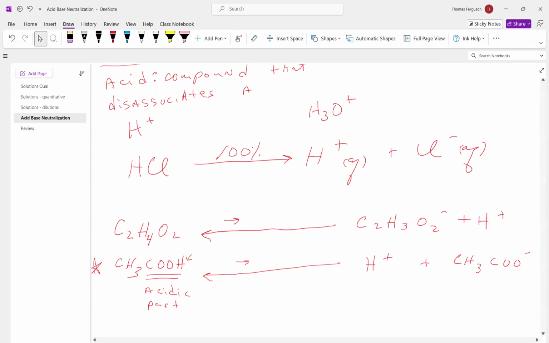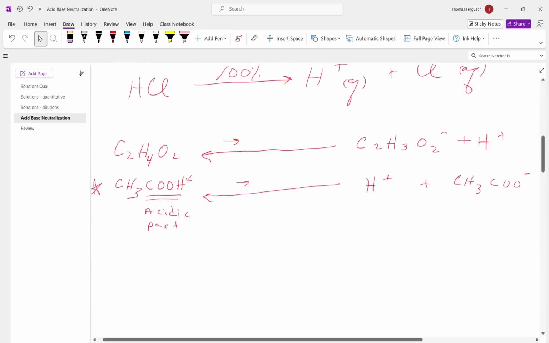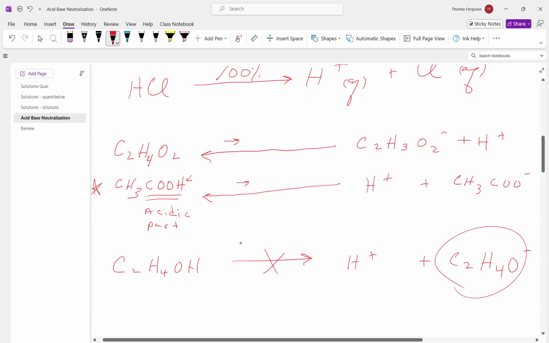And then like bases, we have a non-acid. That is very unstable. So it doesn't happen.